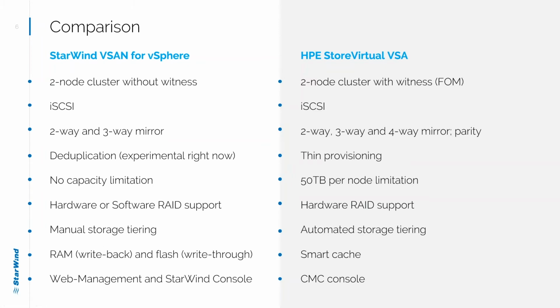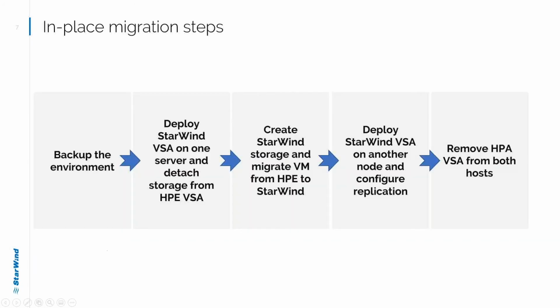As mentioned before, we support auto-tiering only in the Windows-based vSAN product. Both solutions may use cache; StarWind may use RAM as write-back and flash as write-through cache. As for management, besides the native Windows application, we also support HTML5 management with a separately deployed virtual machine.